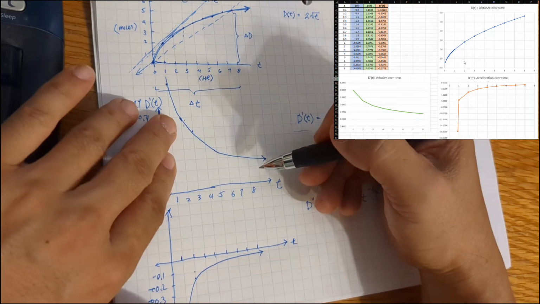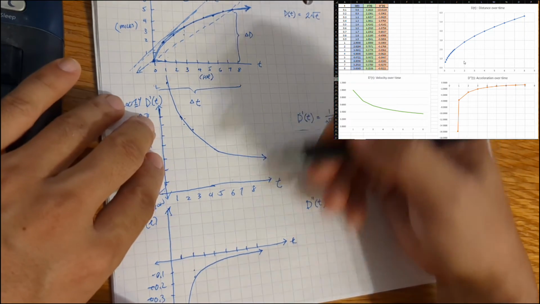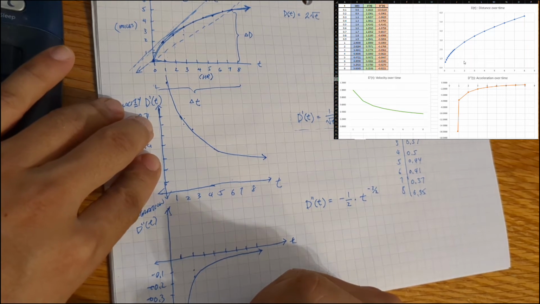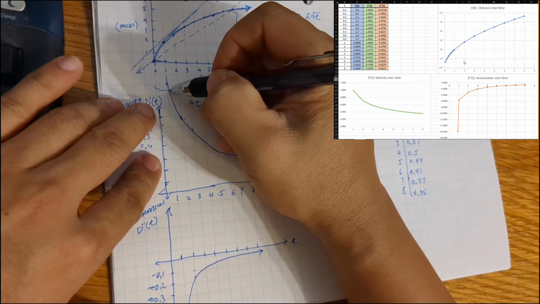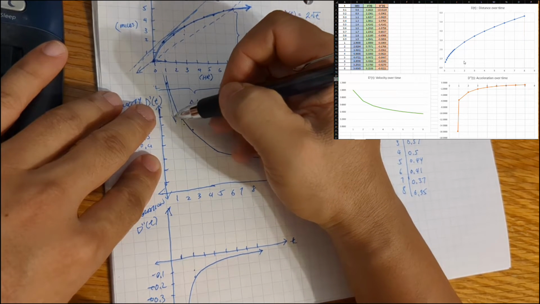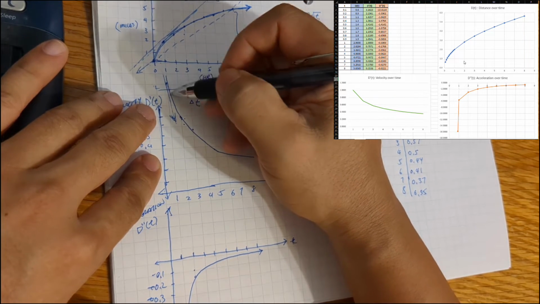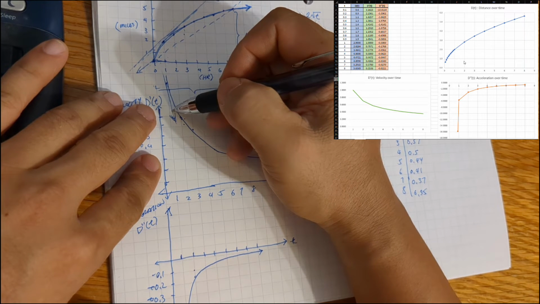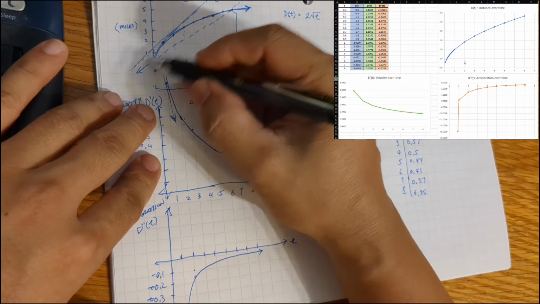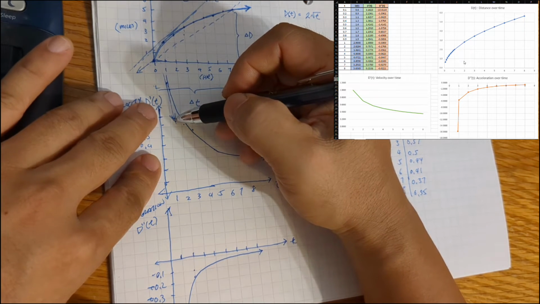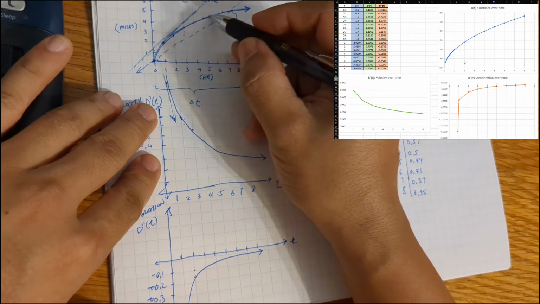So let's see if we can get some sort of intuition from it. Notice it's negative, right? It's negative 0.5. That means at time 1, it has a negative acceleration, even though it has a positive velocity. But that's because it's slowing down.